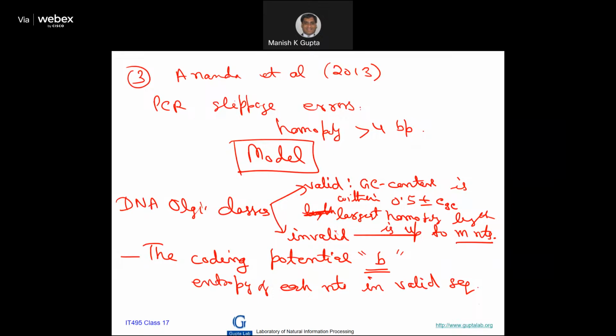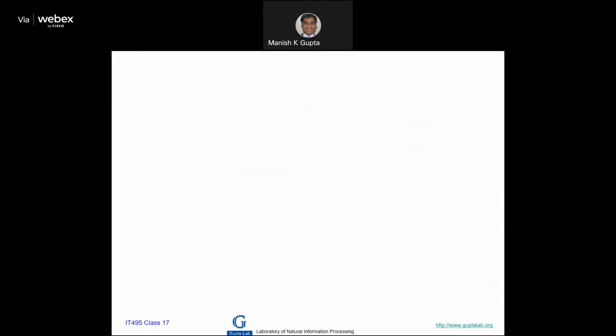Okay, so I will show you how to compute this coding potential. But there are a couple of other parameters that we need to see before. So, entropy of each nucleotide in valid sequence.